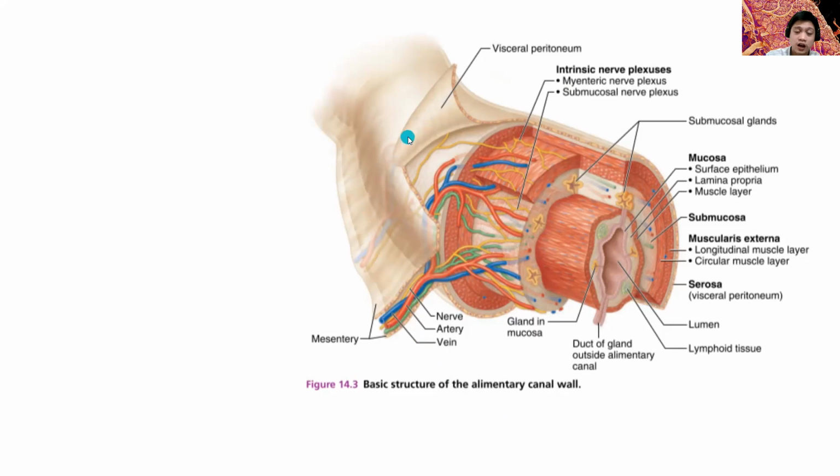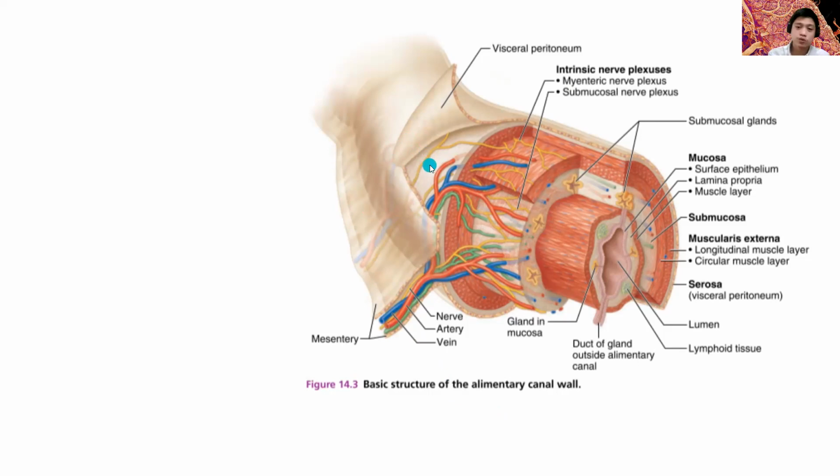So this is the covering of the alimentary canal. No? The outermost covering is called the peritoneum. So this peritoneum is made up of connective tissue. No? It's made up of collagen. It's tough. Okay, so that is the visceral peritoneum.